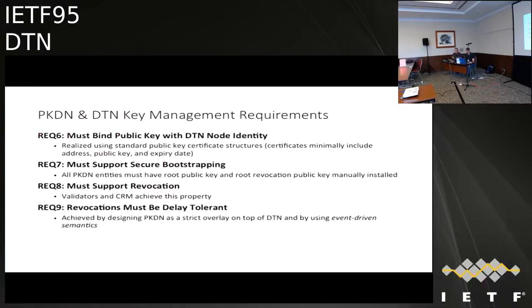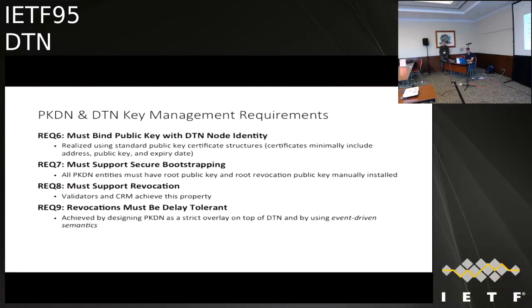Must support secure bootstrapping. Now, that's the question we answered previously: the root public keys of the CRMs and the trust authorities are configured manually on the entities once in their lifetime. And requirement 8 is must support revocation.